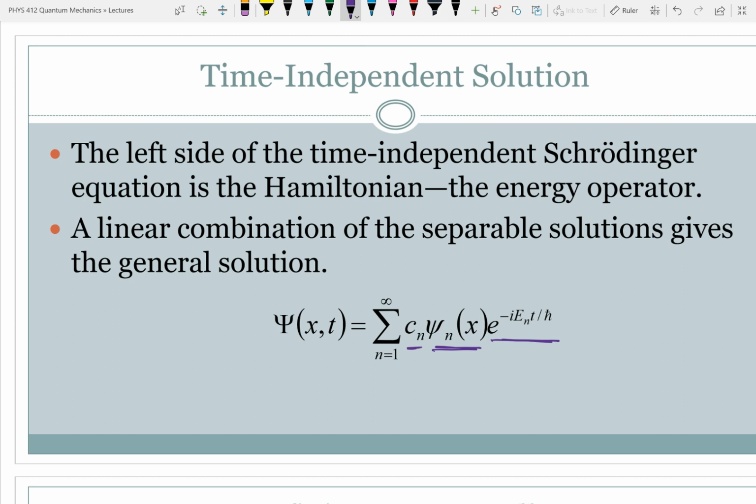You had two states, which started with the radioactive nucleus. State 1 was the undecayed state. State 2 was the decayed state. And the C sub n is the constant that tells you the probability of being in state 1, and the probability of being in state 2. And for that problem, the C's vary with time.